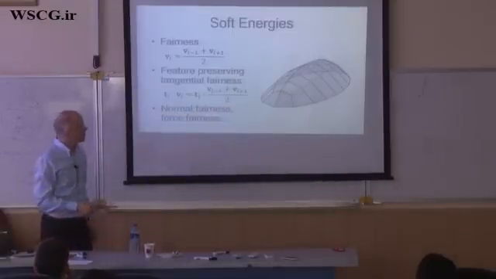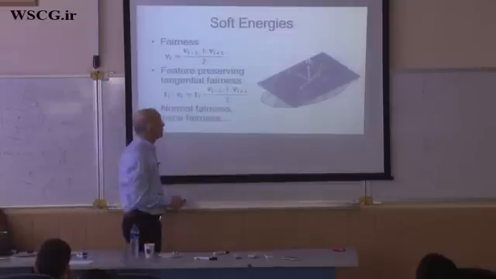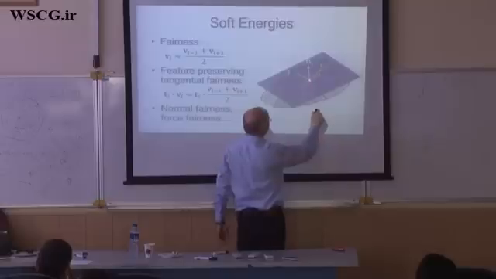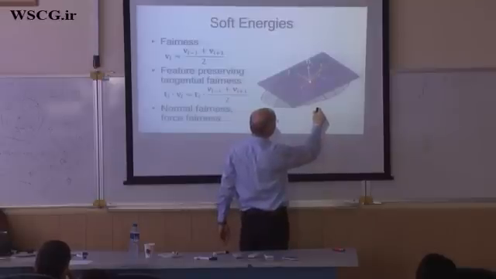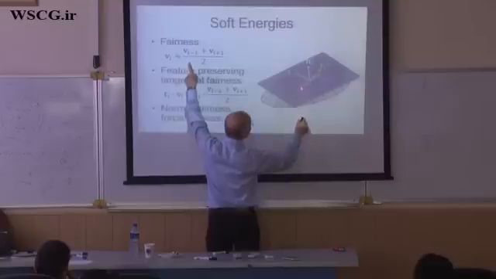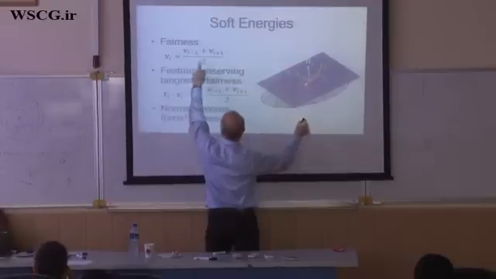And to achieve this, one simple way is to require that a vertex is close to the midpoint of the two neighboring vertices. So the midpoint of the two neighboring vertices here is Vi minus 1 plus Vi plus 1 divided by 2. This would be the midpoint, and this Vi we want to have close to it.